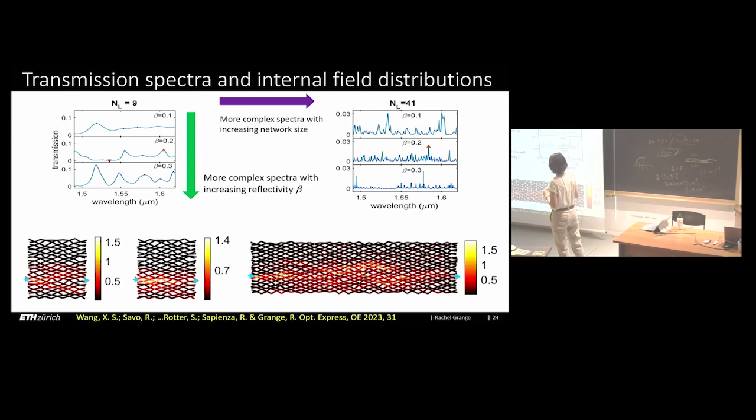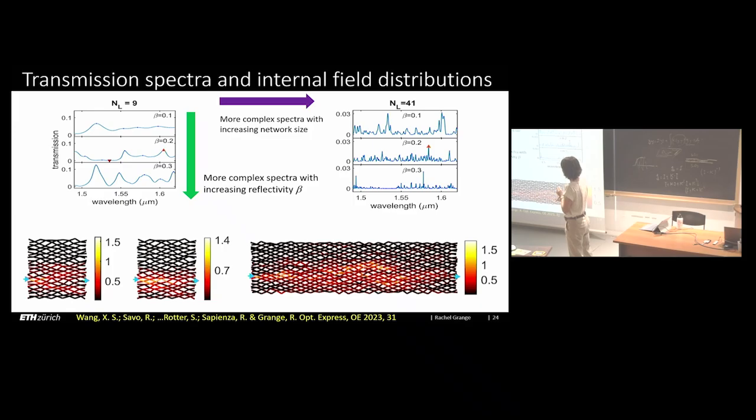Okay, so here I'm showing you we are changing the reflectivity at the nodes just to see how we get more complex spectra. We can also change the network size, going to a network that has just 9 nodes or a network that has 40 nodes. And you see how the network size increases.